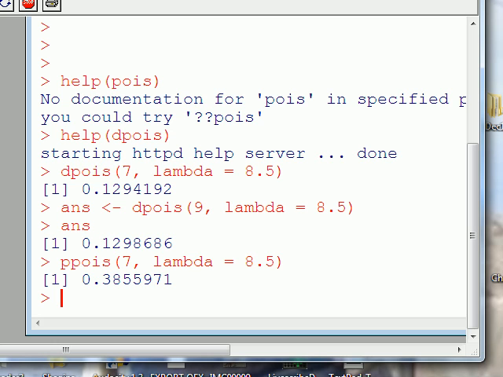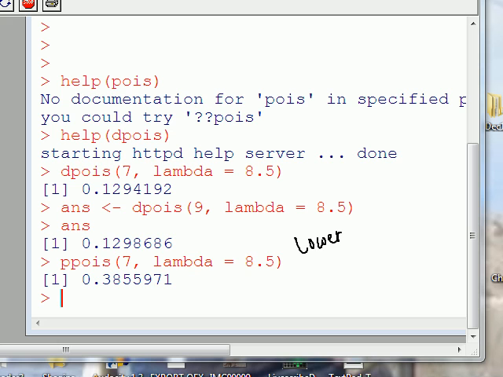Now if I want to sell, oh no, I'm sorry, that's at most. Oh my goodness, excuse me for saying that wrong. All right, in this case I took the default, which is lower tail equals true, and I got at most because I got everything less than 7. Now I'm going to repeat the calculation here.